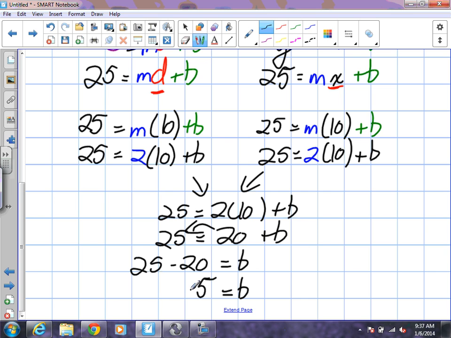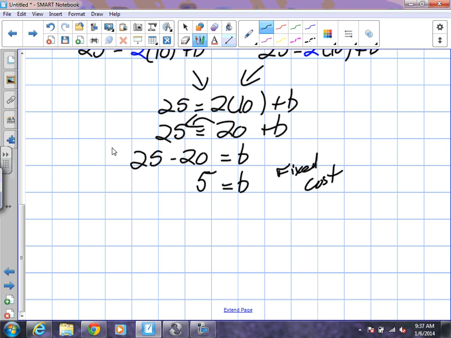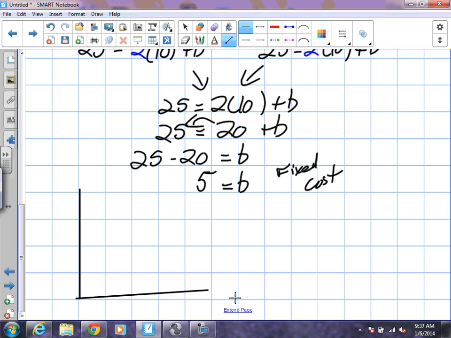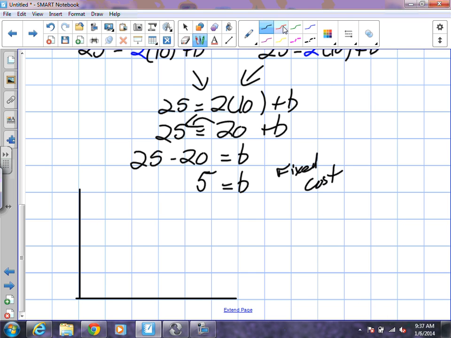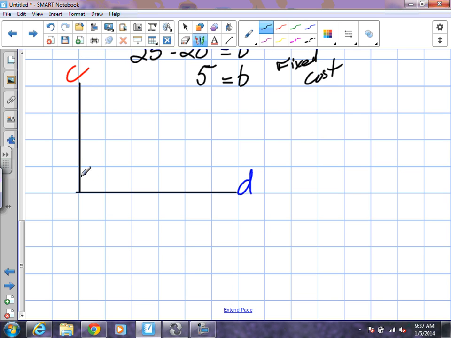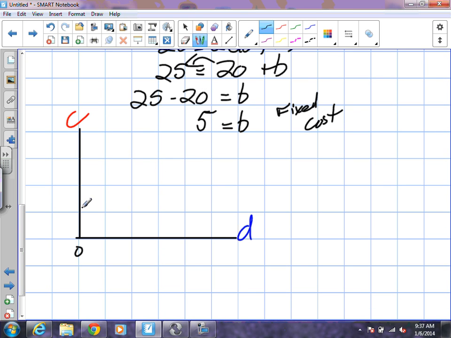If we were to quickly draw a rough sketch of this, our cost is our y, and our distance is our x. If I were to go nowhere, and I just stepped in the taxi and got out, how much would it cost me? Yeah, I'd have to pay $5. So here's our y-intercept, our fixed cost at that point. And then from there, every kilometer I go, how much does the price increase by? $2.